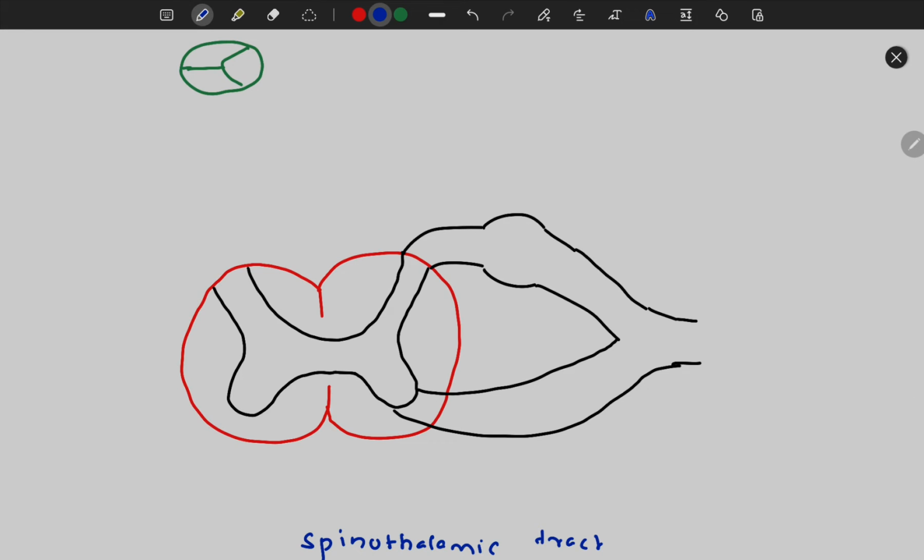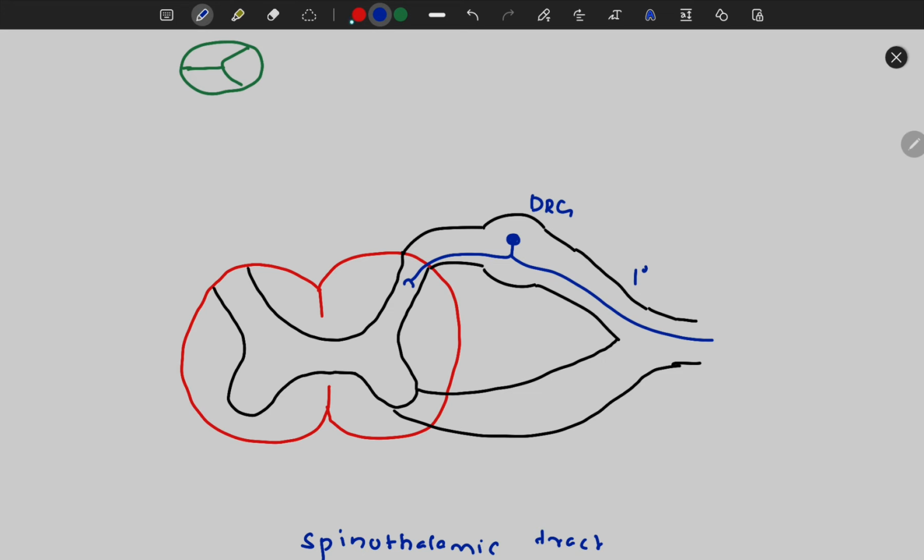So now talking about the spinothalamic tract. This is the dorsal root ganglion, the first order neuron. This is a pseudo unipolar neuron. It takes the sensation and relays in the substantia gelatinosa. So this is the first order neuron.